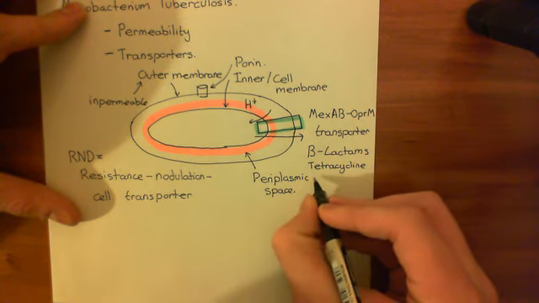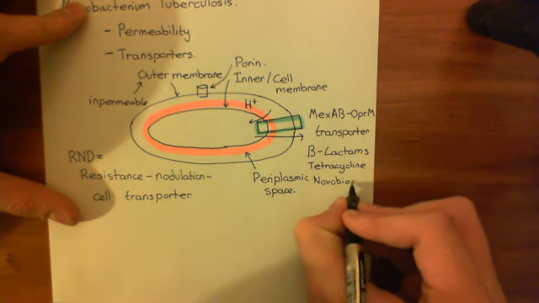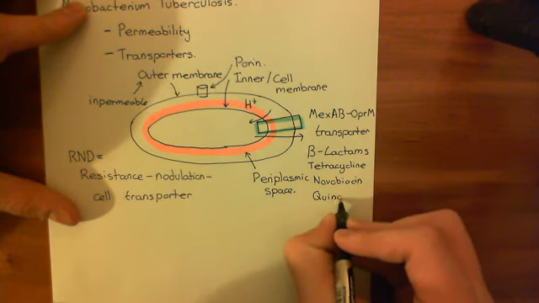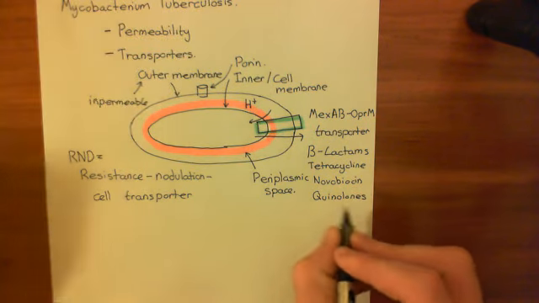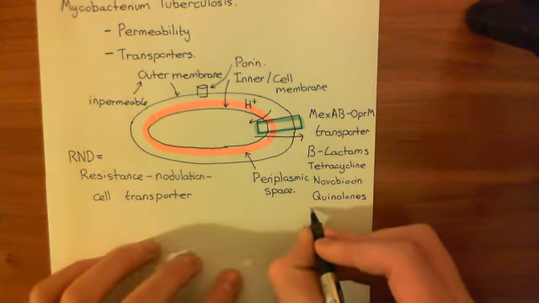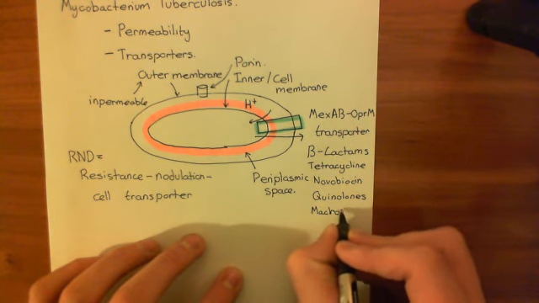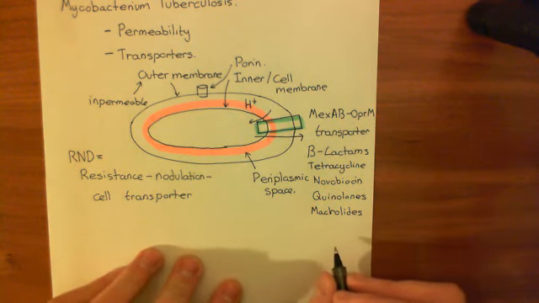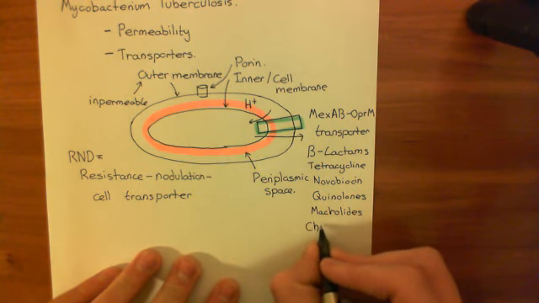It transports out novobiocin, the aminocoumarin. It transports out the quinolones, so ciprofloxacin, levofloxacin, gatifloxacin, all of those are moved out. It also transports out the macrolides, so erythromycin, clarithromycin, azithromycin, all of the thromycins, and finally it also transports out chloramphenicol.